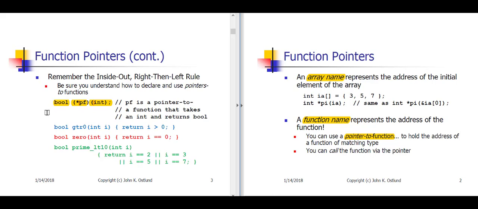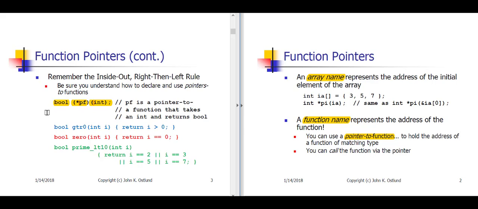In the bottom half of slide 3, we've defined 3 functions of this type. GTR0 takes an int as its argument and returns bool. What GTR0 does is to return true or false, depending on whether its argument is or is not greater than 0. So if I is greater than 0, that function will return true, otherwise it will return false. The second function, EQ0, is a function that takes an int and returns bool.